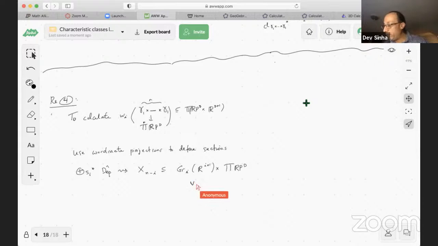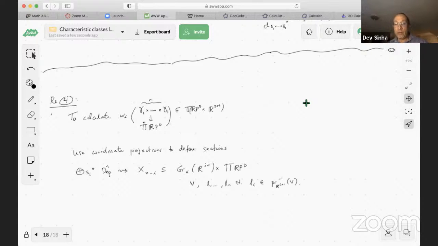So this is a subspace of V and L_1 through L_n, so that each L_i is in the preimage of V when I project onto R^(i+1). So this is a more precise way of saying I'm looking at n lines in dimension D, which when I project into dimension i+1, they span something of dimension i or less.